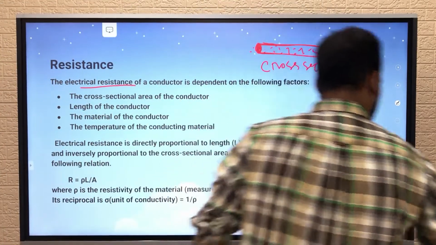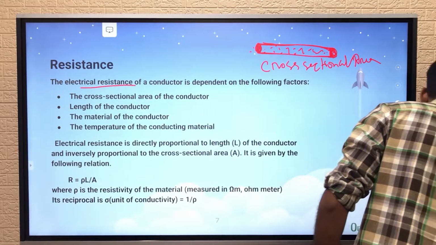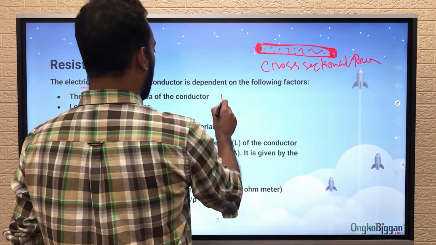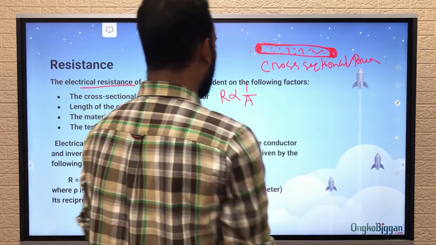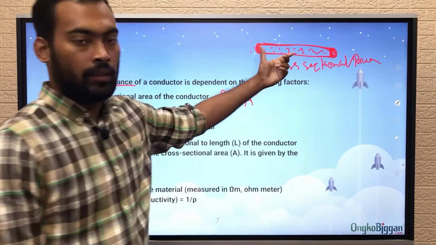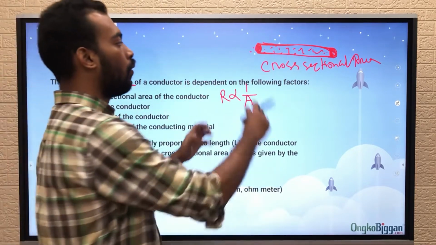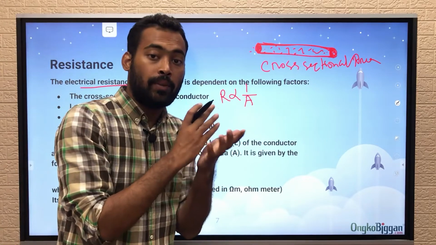Let me write these equations. R is inversely proportional to 1 by A. If the area is lower, the resistivity is higher, because in a lower amount of area, the resistivity might be higher.